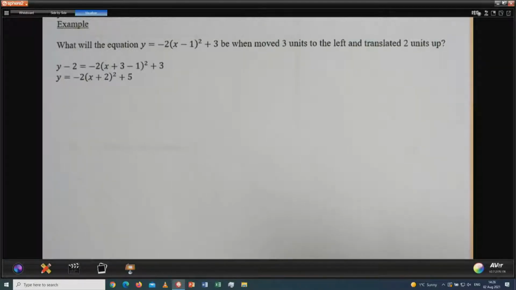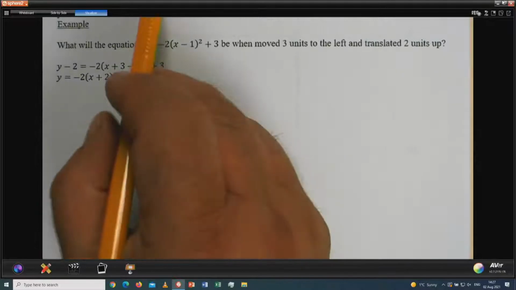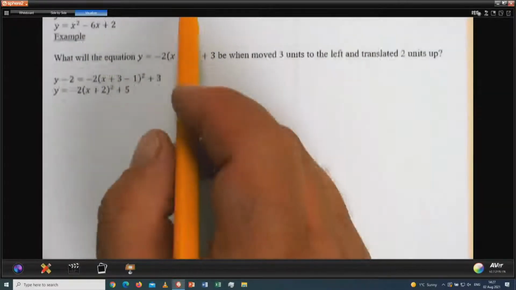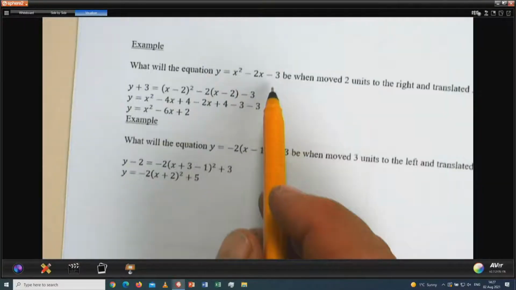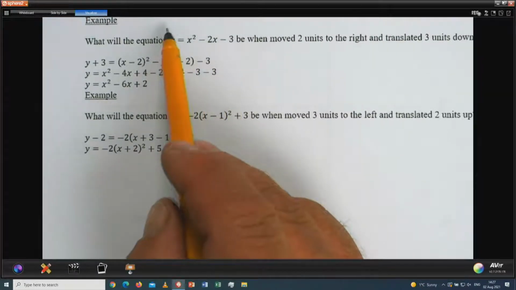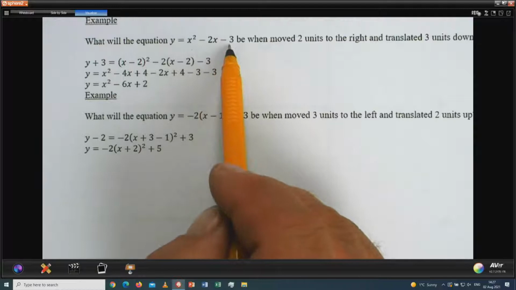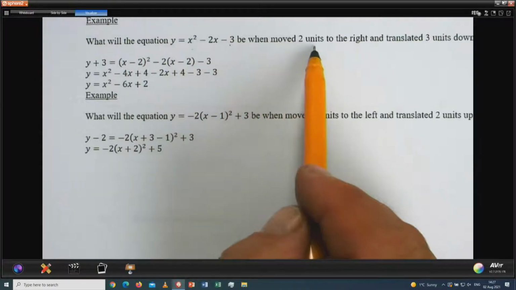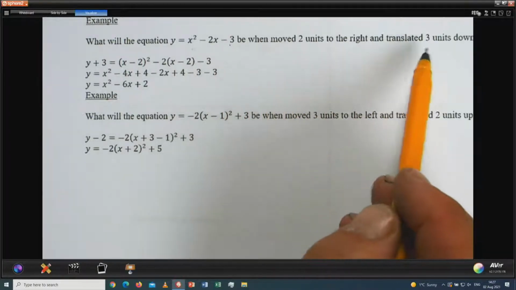Right, in this case here, we are using a bit of translation, shifting the graph left and right and up and down. They ask, what will the equation of y equal to x squared negative 2x negative 3 be when moved 2 units to the right and translated 3 units down?